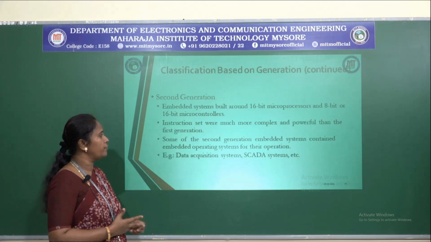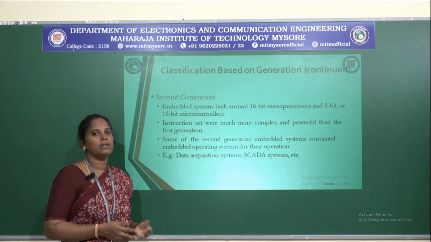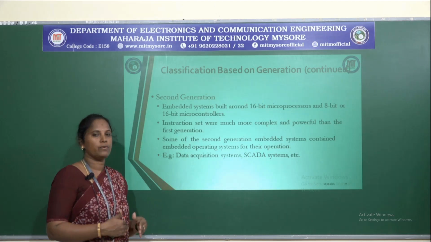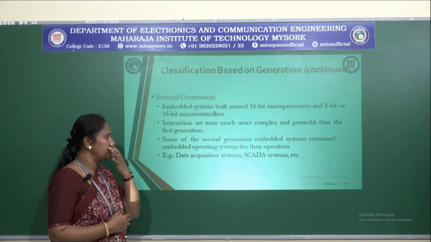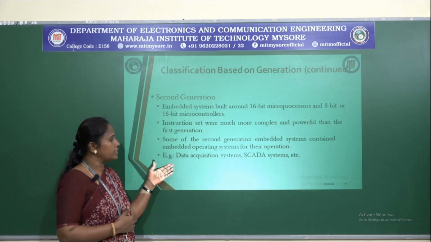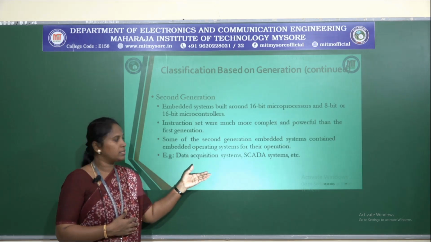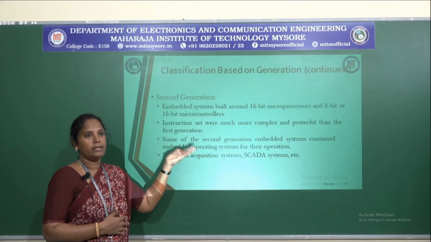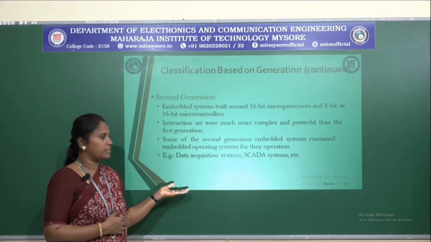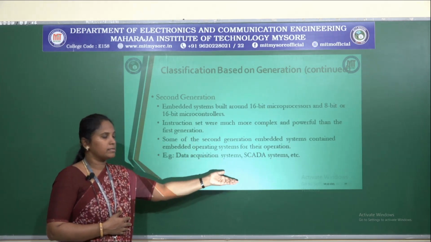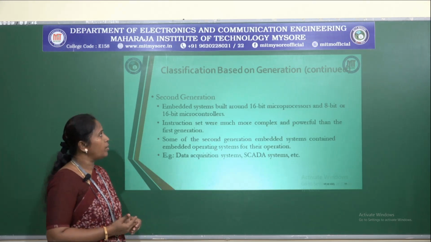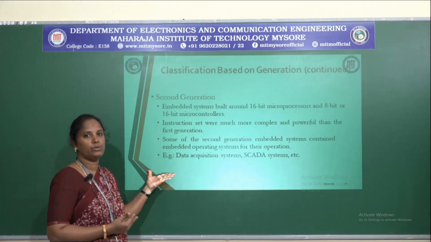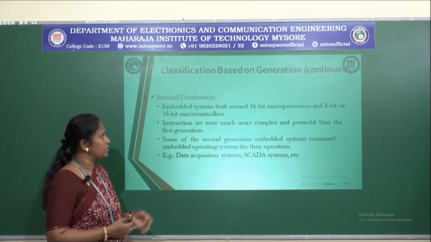And in case of your second generation, the operating system was also used for the operation with the embedded system. For example, your data acquisition system, that is for acquiring any data like weather forecasting, and SCADA systems. So these were some of the devices which were used with respect to your second generation.